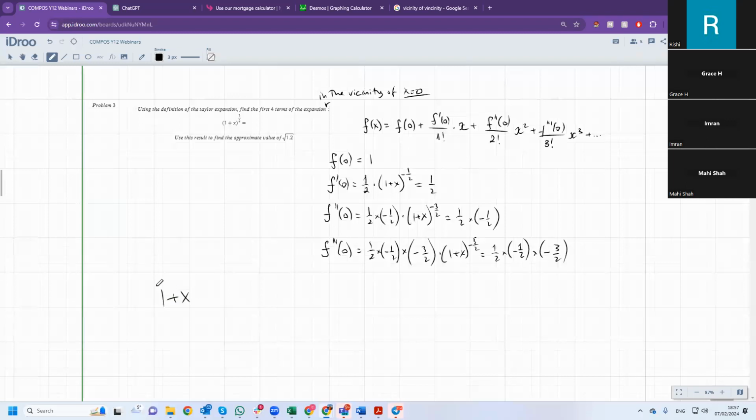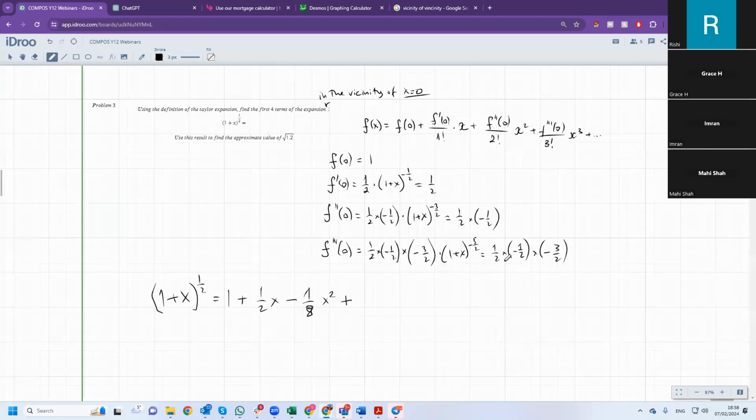So 1 plus x to the power 1/2 is equal to 1 plus 1/2 x plus, well, minus 1/4 x squared over 2, so 1/8, and plus times x cubed.